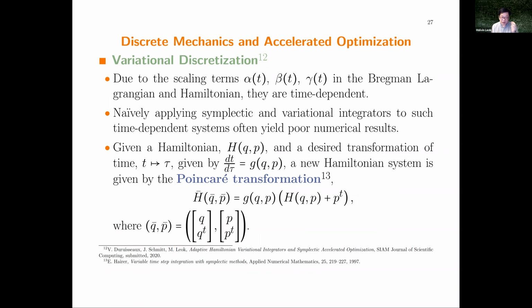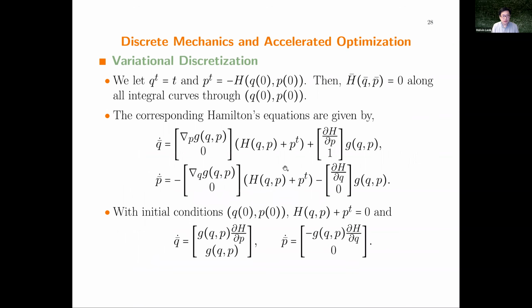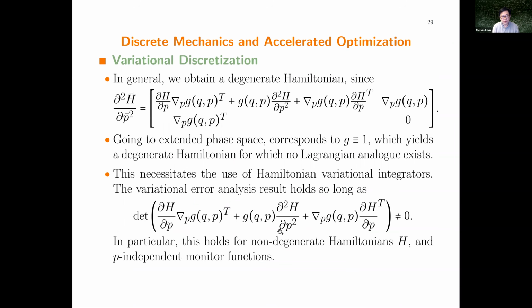So it's the same thing one does, which we teach in our differential equations class: convert a non-autonomous system into an autonomous system. We add a new time variable, which is equal to the old time variable, and now everything is autonomous. So this is more or less one way to do this using Poincare transforms. And then you get these corresponding Hamilton's equations with these kind of initial conditions.